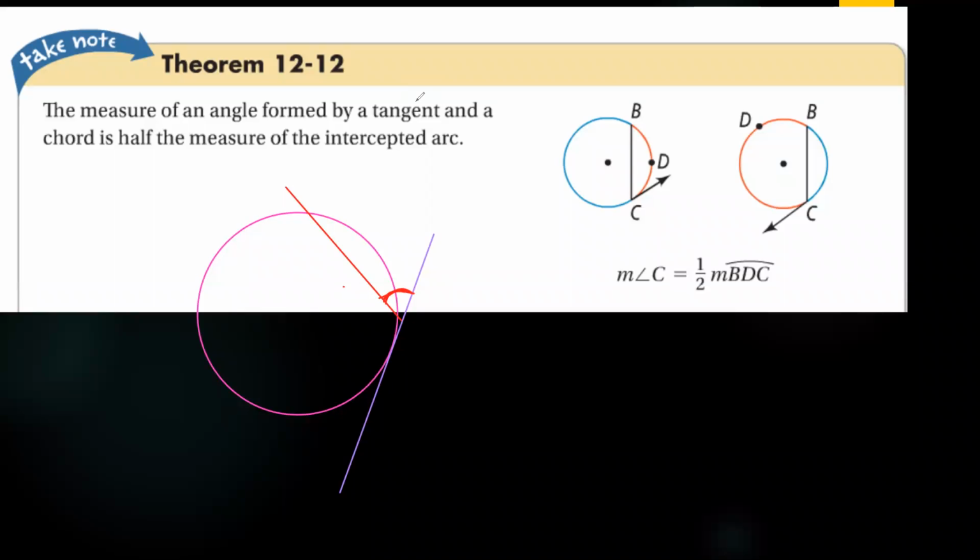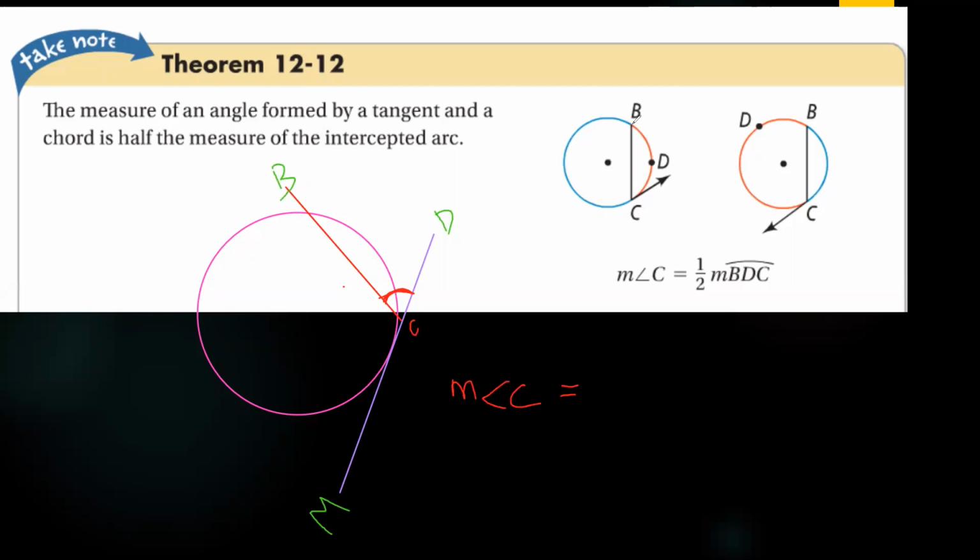Now they tell me that the measure of this angle here, which is angle C, let's name this one B, this one D, and this one M. So here we have a chord BC that intersects the tangent line segment MD.